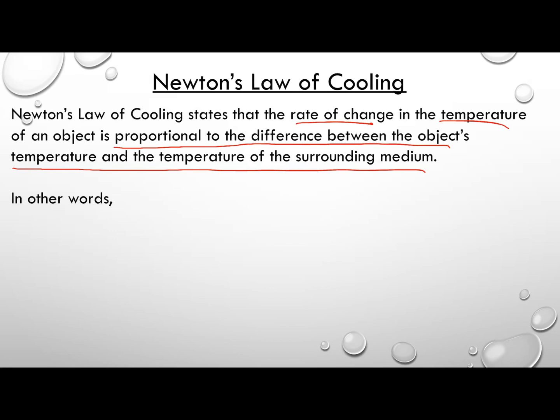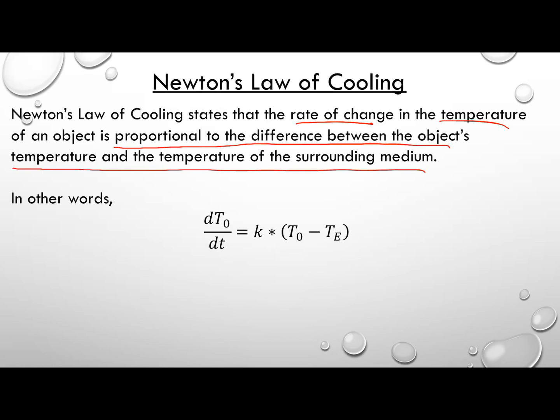So hopefully at this point you've tried it. Now you should have ended up with something like this. Obviously your variables might not have been exactly the same, but hopefully the format was the same. So in this case we have dT sub 0 over dt is equal to k, remember proportional, so that's your proportional constant, times T sub 0 minus T sub e.